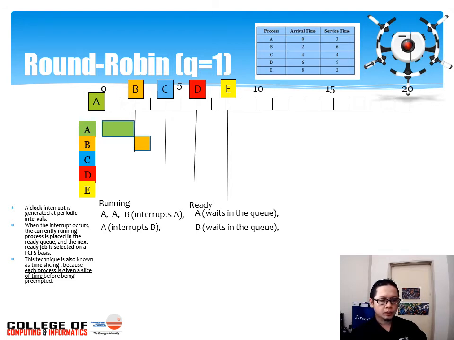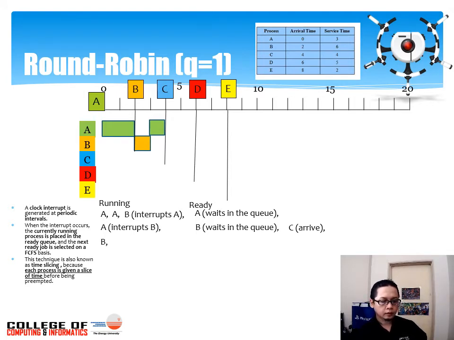So B waits here, and A now gets to execute. A executes, B waits in the queue. Now C arrives. When C arrives, C is waiting inside the ready queue.